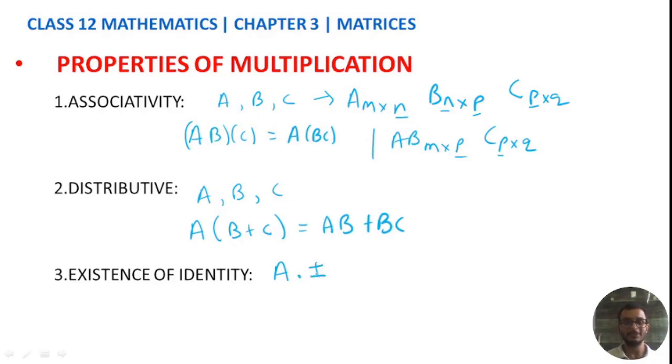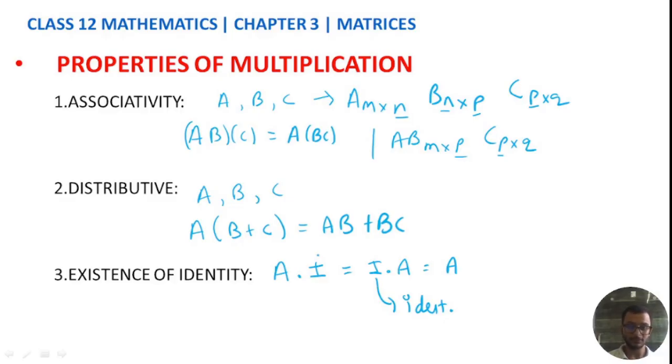That's why we studied the identity matrix separately. So A dot I is the same as I dot A, which equals A. I is called the identity matrix. We had already covered before that I is our identity matrix. So if you multiply the identity matrix with any matrix, you will get that matrix again.